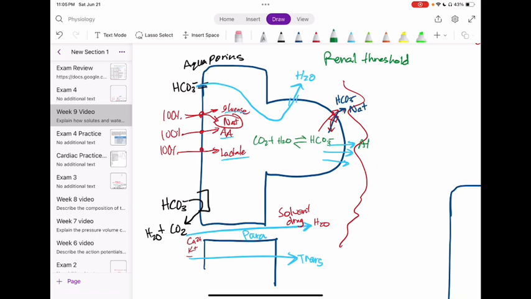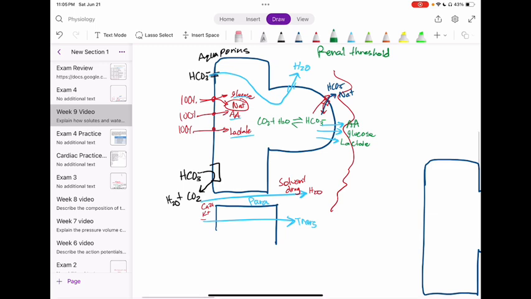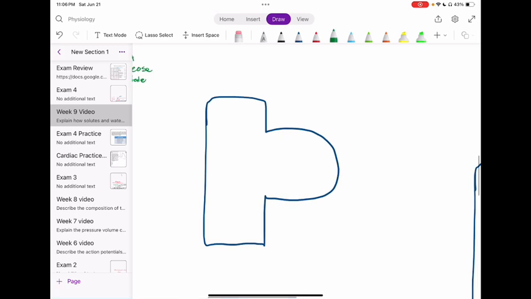So as you'll learn more about things like diabetes, your reabsorption is blocked, and so what you end up having is glucose in the urine, which is not the most ideal circumstance. So we're going to move on to the proximal straight tubule.